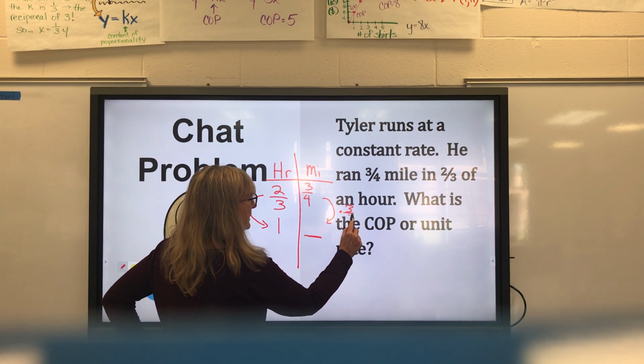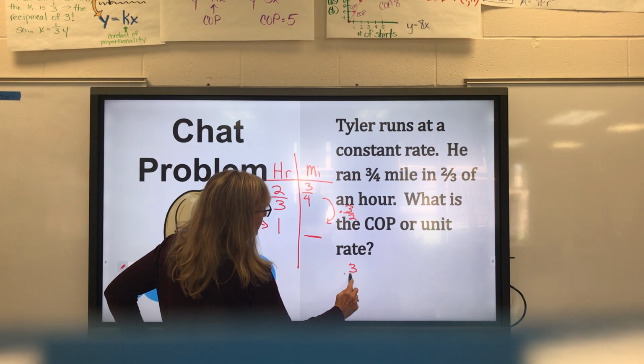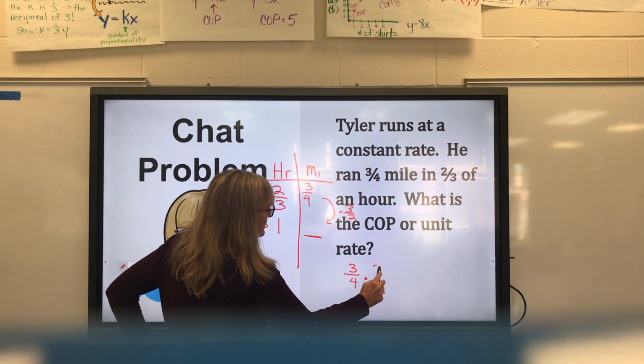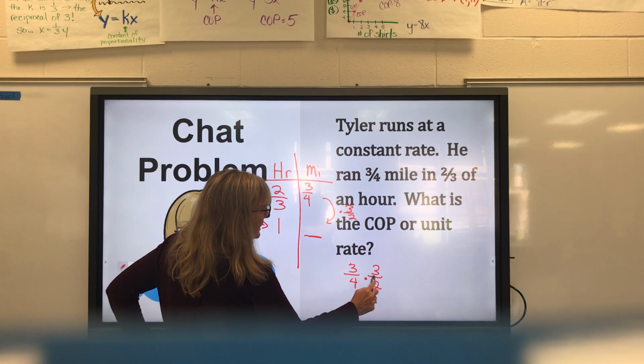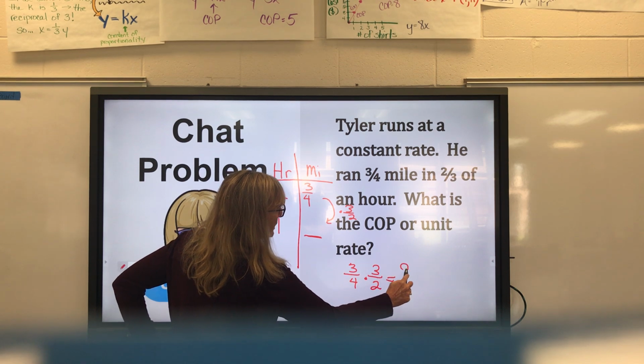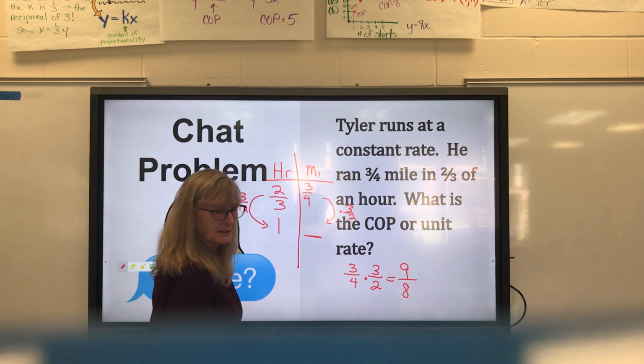If I multiply this side by 3/2, what do I have to do to this side? Do the same thing. So I'm going to come down here. I have 3/4 times 3/2. I'm going to multiply straight across. It's going to give me 9/8.